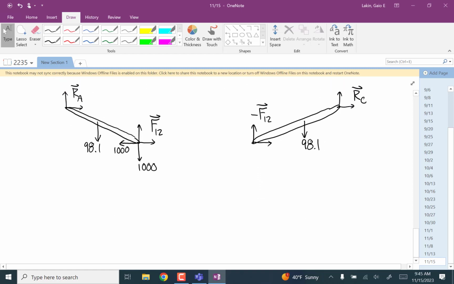From the calculations, I got RA is equal to negative 450.96, 309.42.